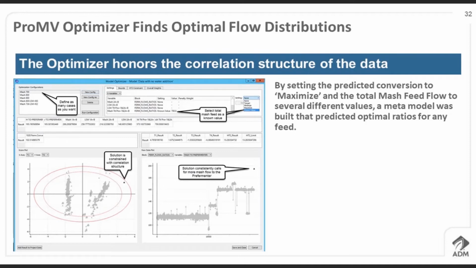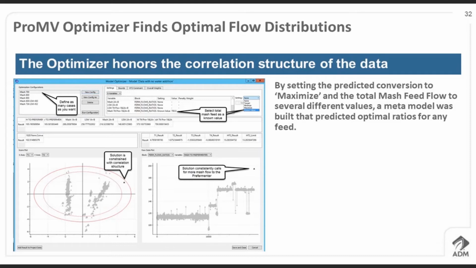The way this works is you can define different cases. In this case, we are defining cases based on what we're feeding into the process, right? What our mash feed flow rate is. After we do that, we are simply setting our goal for the Y variable, which in this case is to maximize conversion.